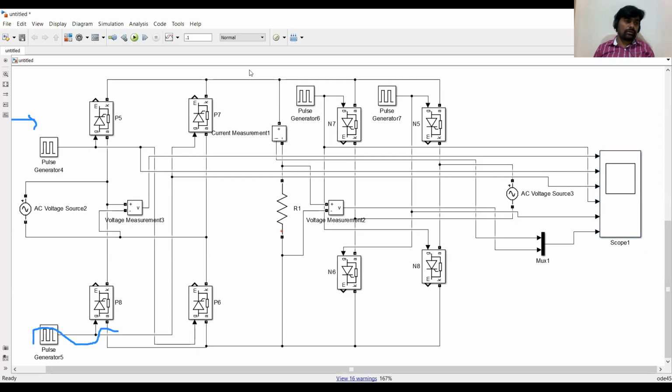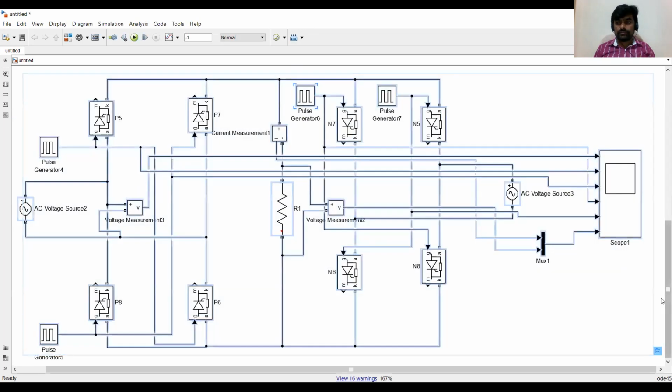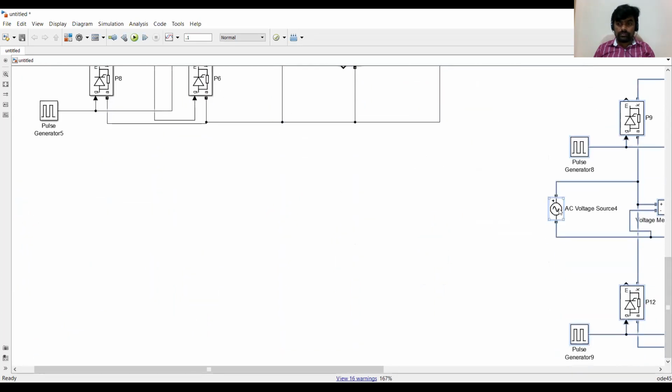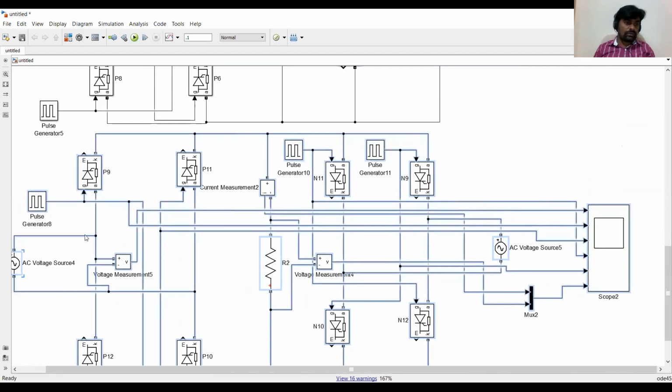Let me go for 90 degrees now, where I need to replace 30 degrees with 90 degrees. So here you can see the same circuit.